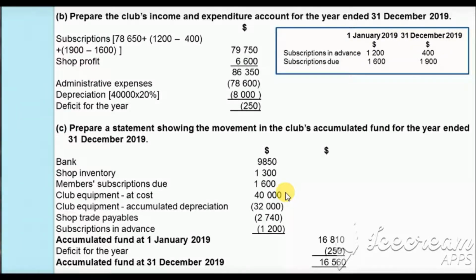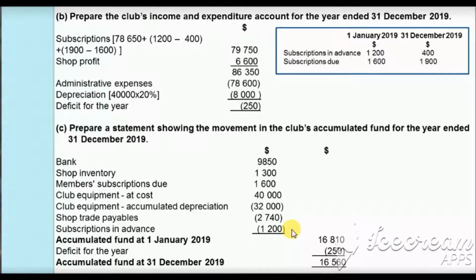However, we take the net book value. So for this we will subtract the accumulated depreciation, which is $32,000. So now we get $8,000 for the club equipment, and then these are all the assets. Now we will subtract the liabilities. For liabilities we have the trade payables. On 1st January 2019 the value was $2,740, and the subscription in advance on 1st January 2019 was $1,200.